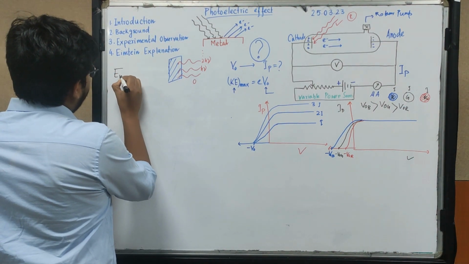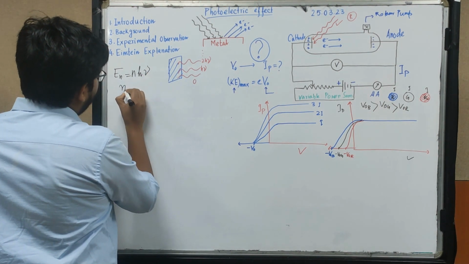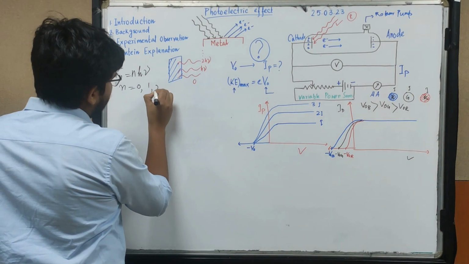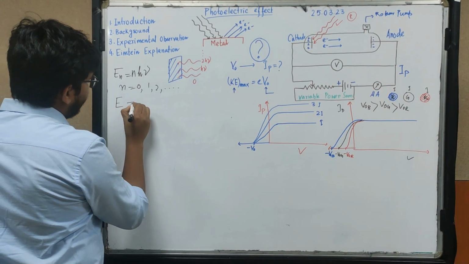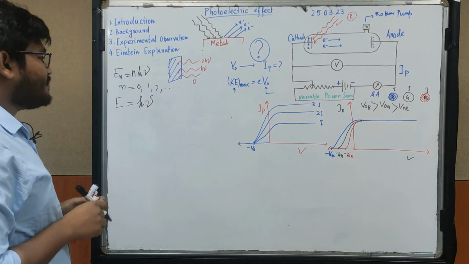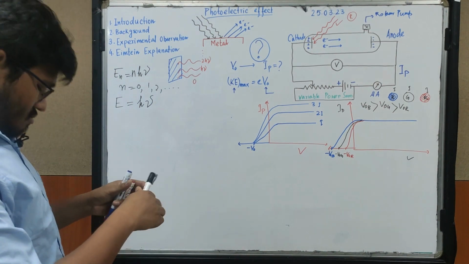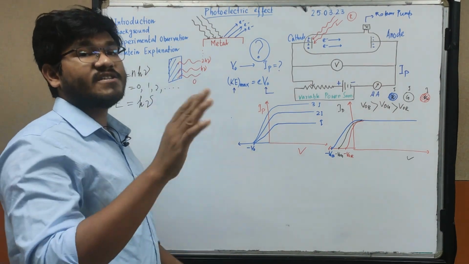So the energy of photons we can write as n h nu, and n can be 0, 1, 2, 3 and so on. So the energy of a photon will be given by Planck's constant multiplied by the frequency of light. Okay. So the higher the frequency of light, the higher the energy of the photon.